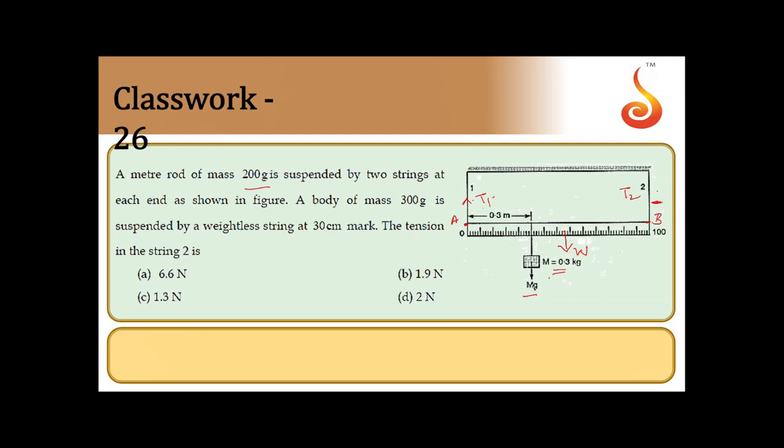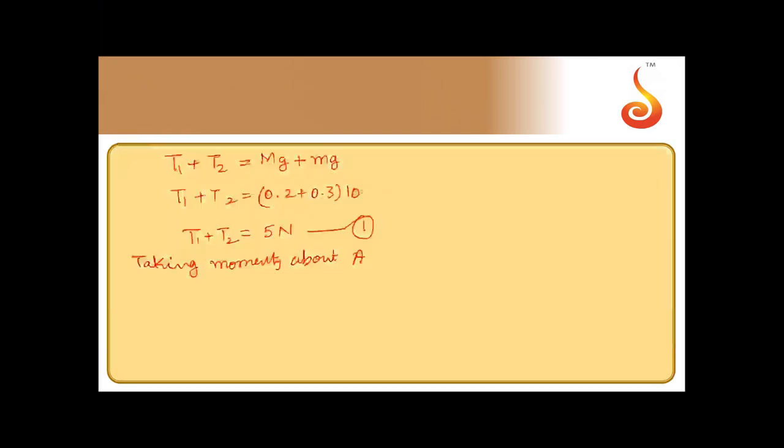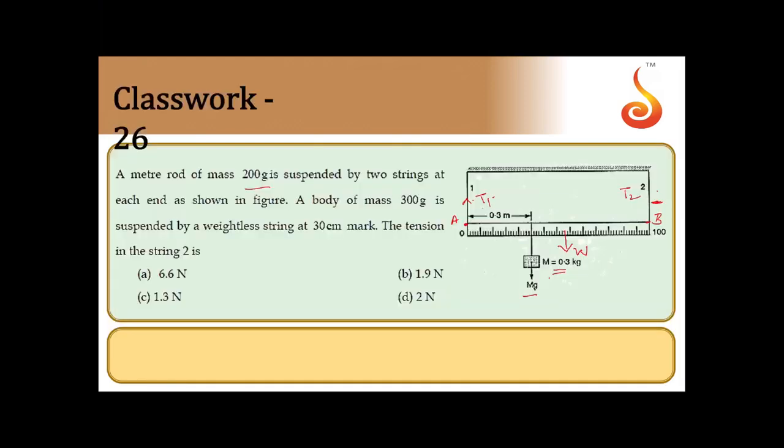So it should be T1 into 0. So if you take moment due to T2, this is in anti-clockwise direction. So it pulls it this way. So if I hold it here, it tends to rotate it in anti-clockwise direction. So it should be T2 into this distance is 1 meter.